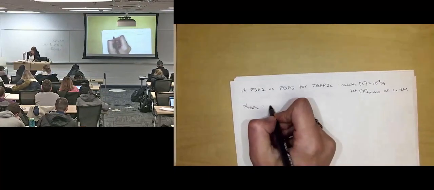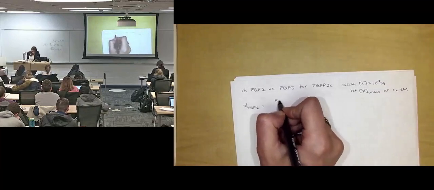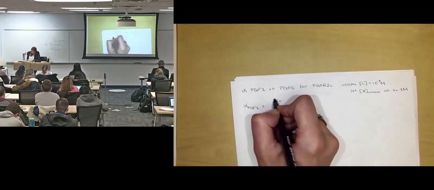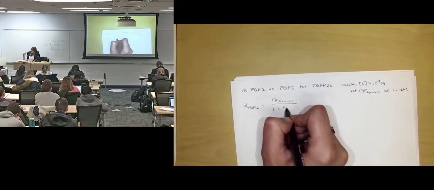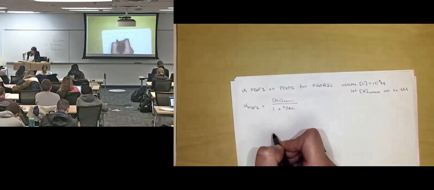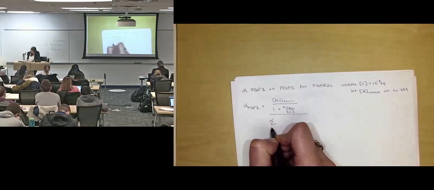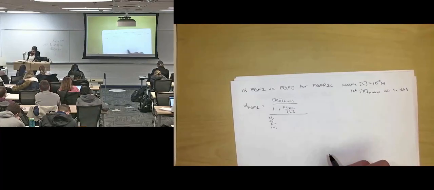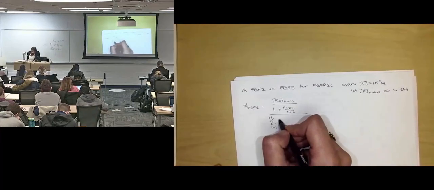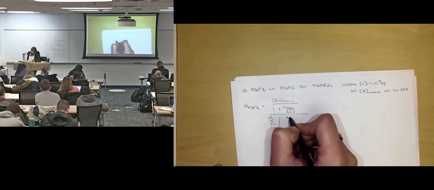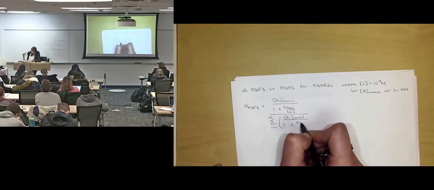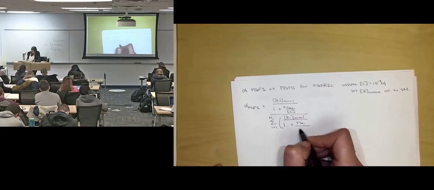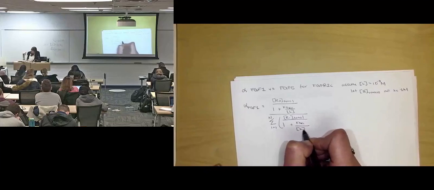But I can use this version here where it was concentration of R naught total over 1 plus the KD for my primary target over the concentration of ligand, over the sum from i equals 1 to n, all my off targets, total concentration of off targets divided by 1 plus the KDs for my off targets, which I'm going to get them all from the table. This is given to me.